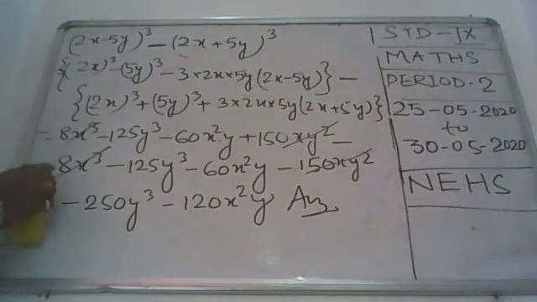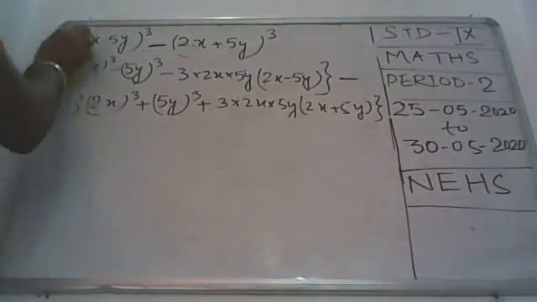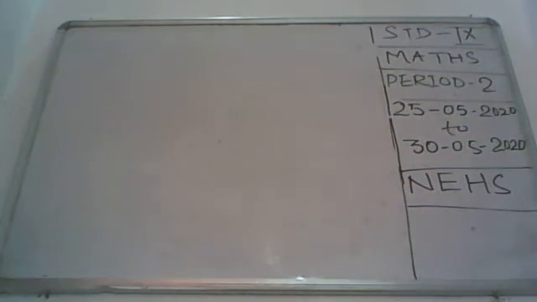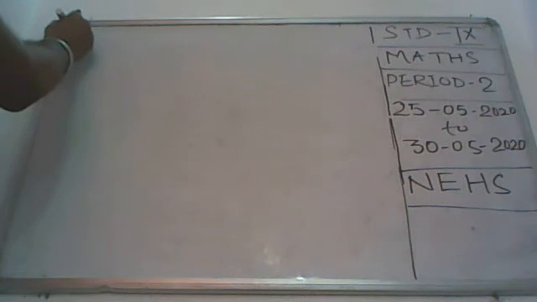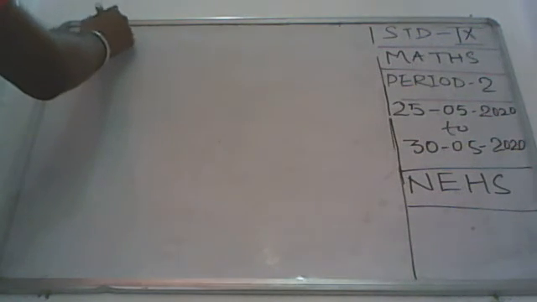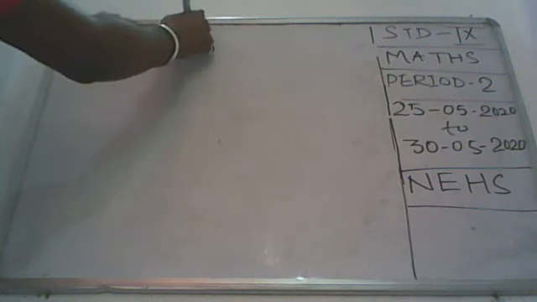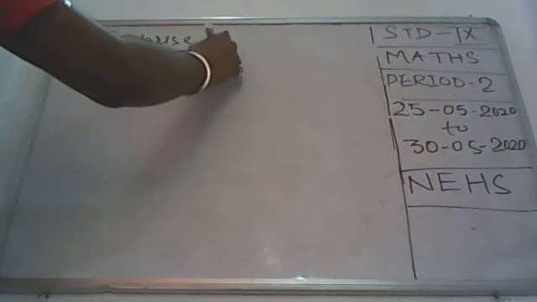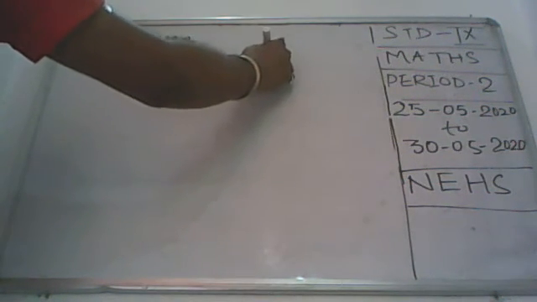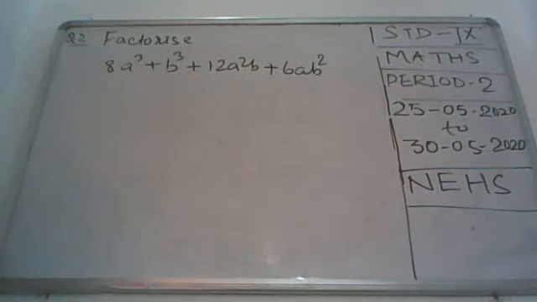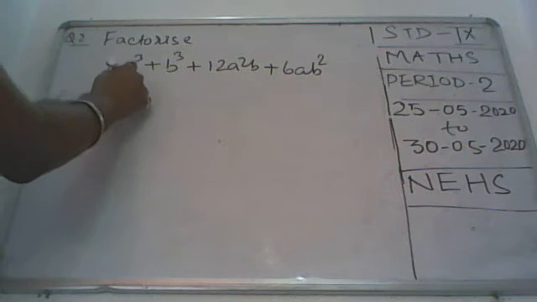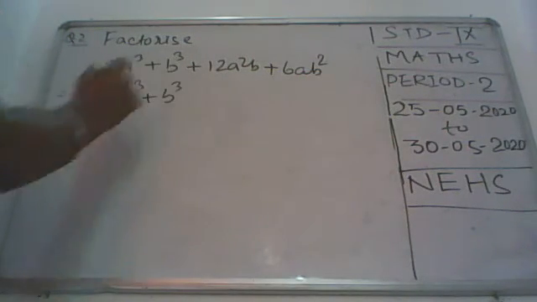The second question is that suppose they are saying factorize 8a cube plus b cube plus 12a square b plus 6ab square. So cube is there, 8a cube plus b cube. This can be written as (2a) whole cube, a cube plus b cube came.